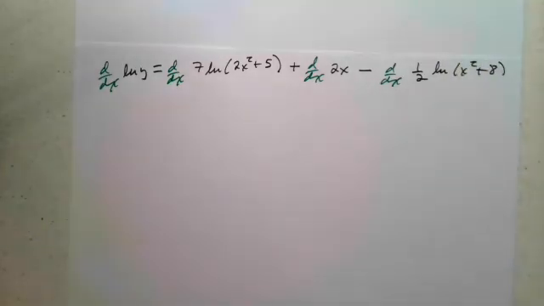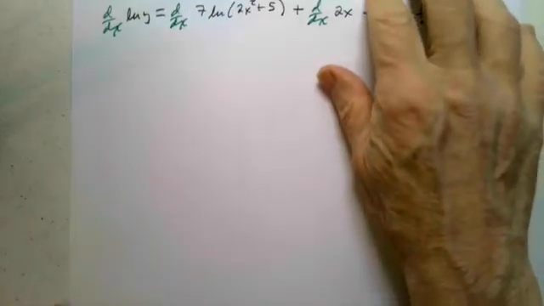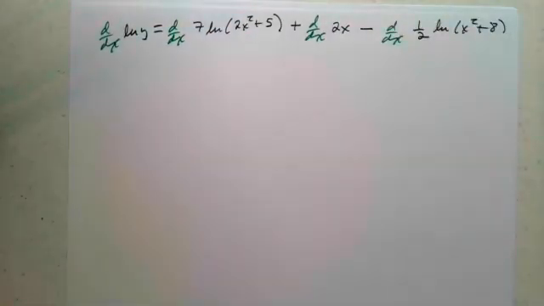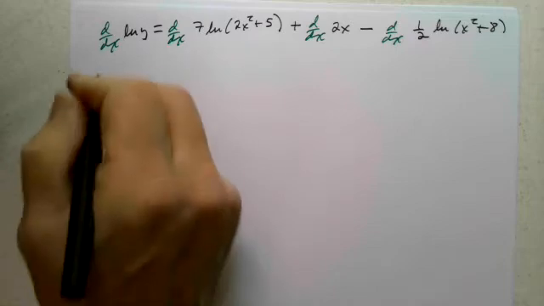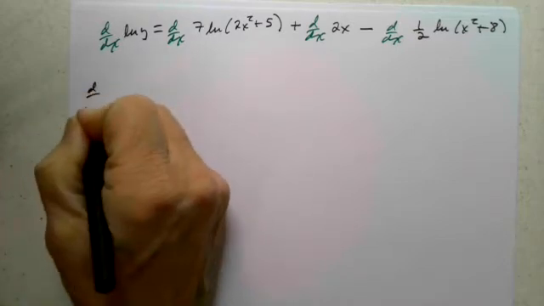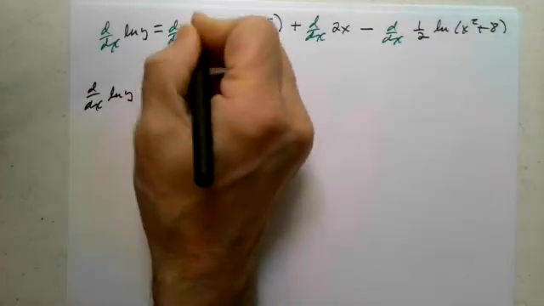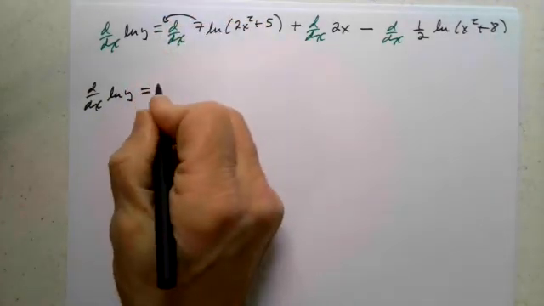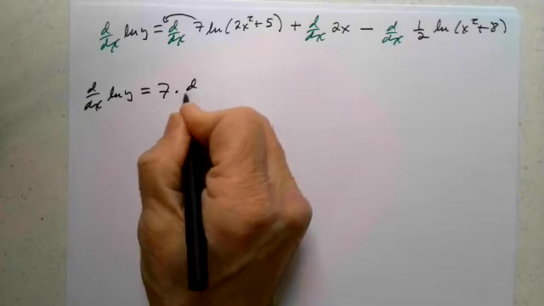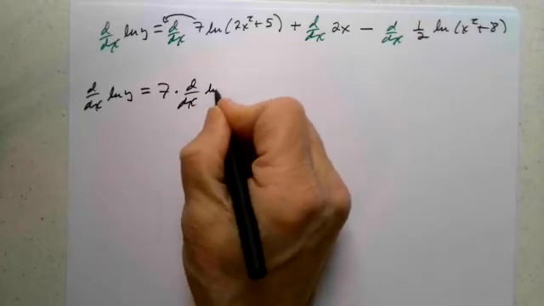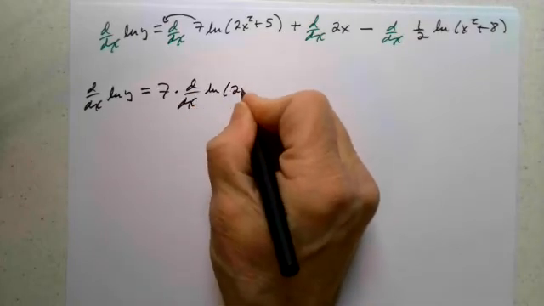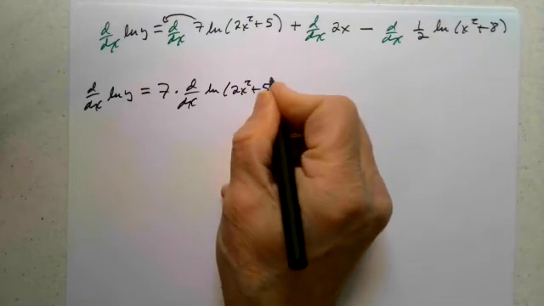Now I can also pull the constants out in front of the derivative operator. So before I actually do these derivatives, let's go ahead and rewrite it that way. So this first piece, derivative with respect to x of natural log y, pull the 7 out in front of the derivative operator. 7 times the derivative with respect to x of the natural log 2x squared plus 5.